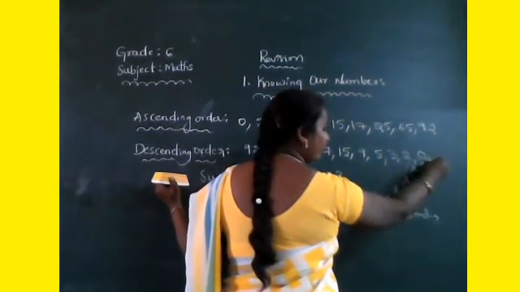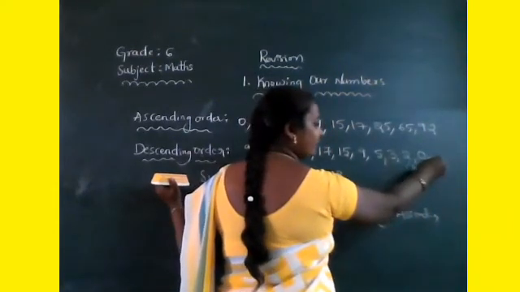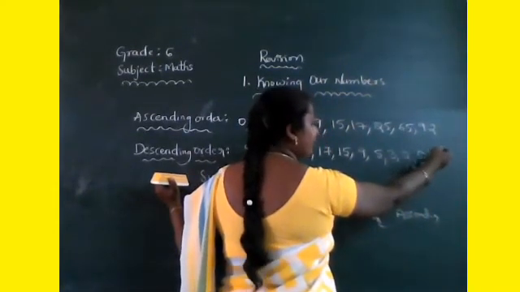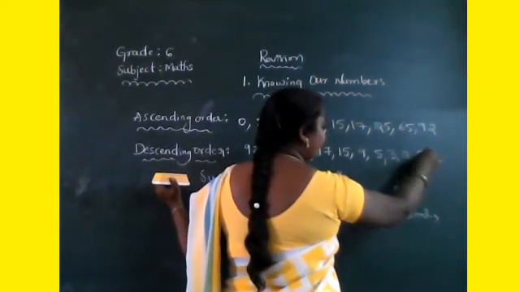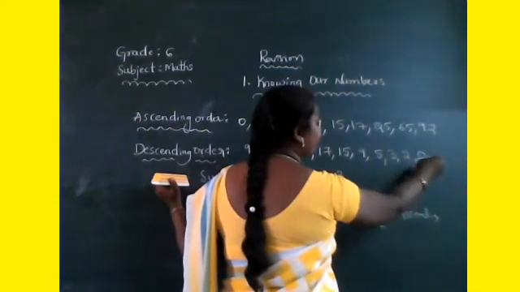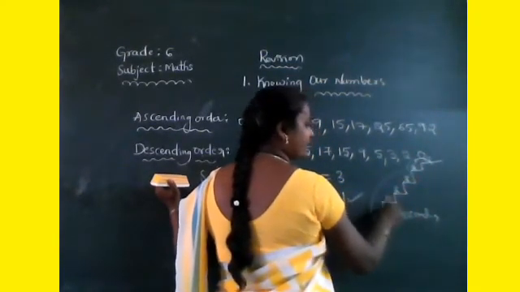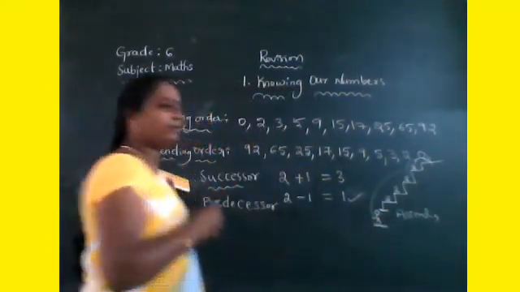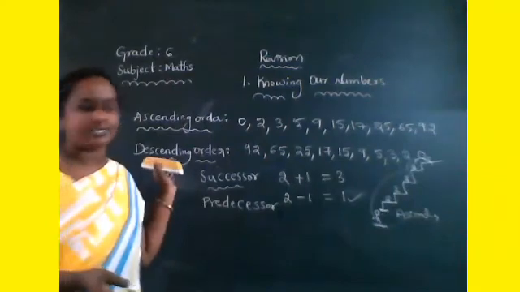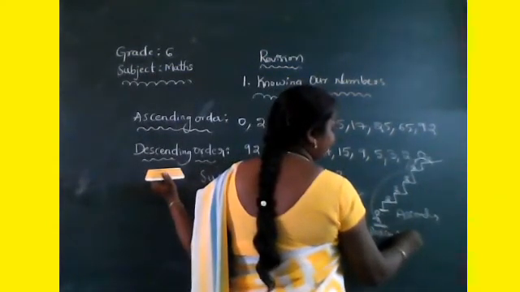If you want to reach downside, you have to move top to bottom. You have to reduce one step after another. Then only you will reach the final place. Then only you will reach your destination. So that is called descending order.